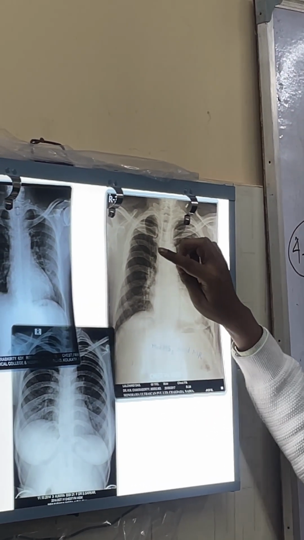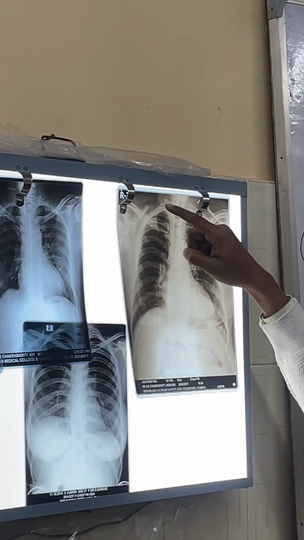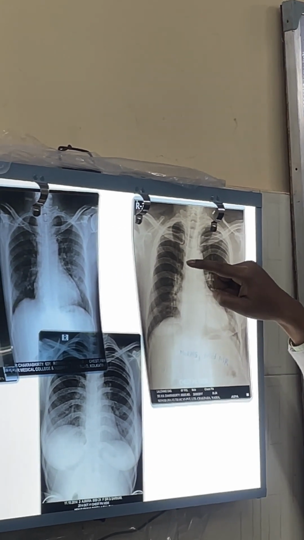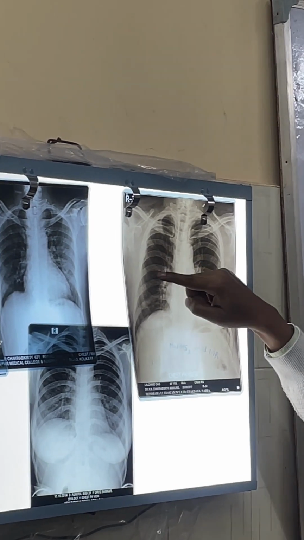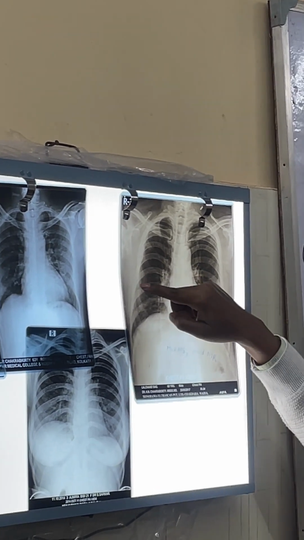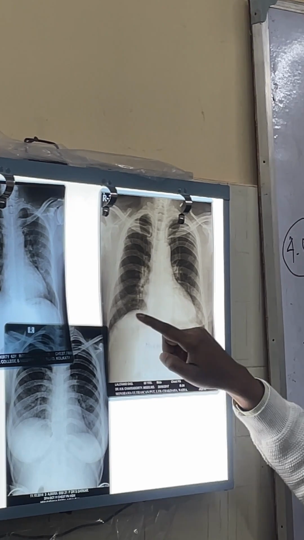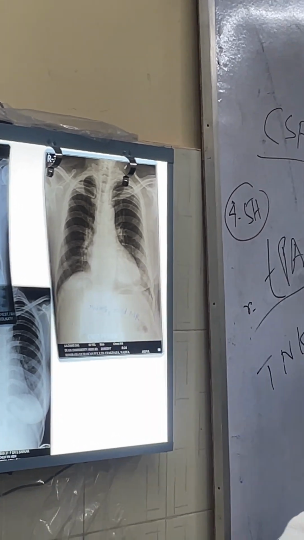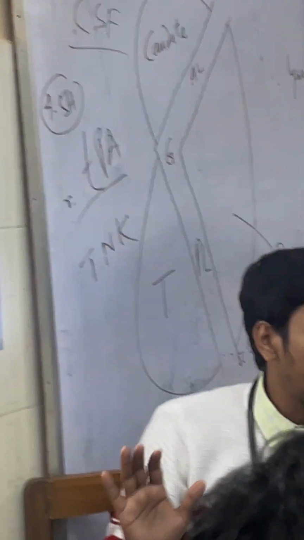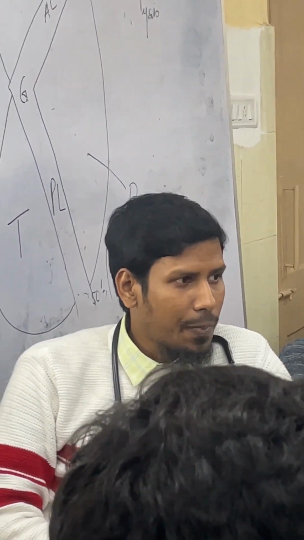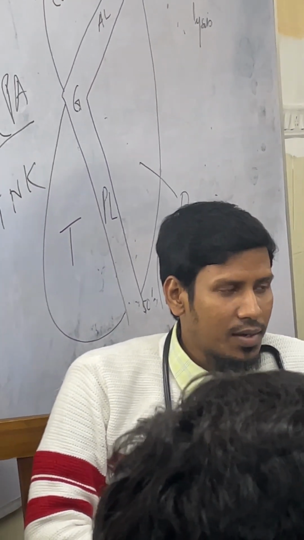So if you count the ribs, okay, this is the first rib, then there is the second rib, third rib, fourth, fifth and sixth rib. So the sixth rib touches the middle of the diaphragm. So usually if there is a sixth rib, that means it is an inspiratory film.